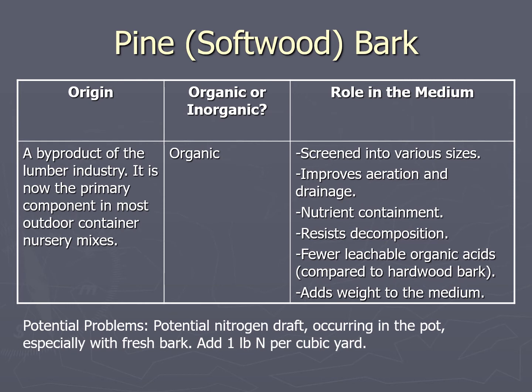Okay, a potential problem with pine bark is something called nitrogen draft, which can occur in the pot or container where the plant is growing, especially if you're using fresh pine bark. So it's probably always better to use composted pine bark. But when you're using fresh pine bark, there could be some loss of nitrogen from the growing medium.